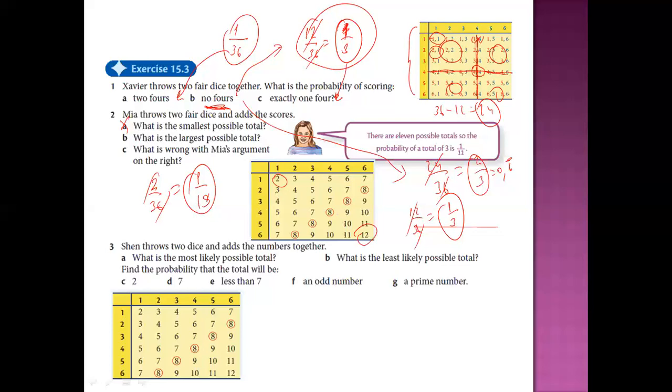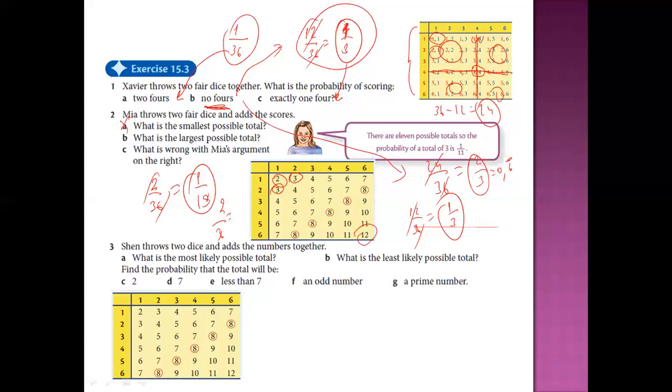We will use the 3s, and how many 3s do we have? 2. That's why 2 over 36. Because she took the total of 3, and a total of 3 we have only in 2 cases, so the probability is 2 over 36, because there we have 2 fair dice.